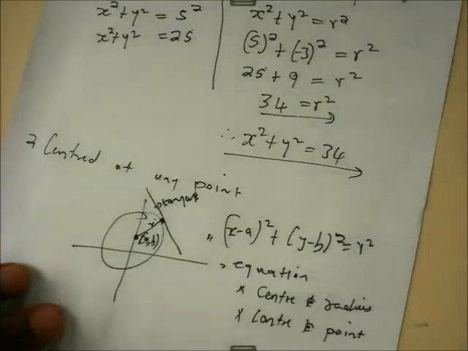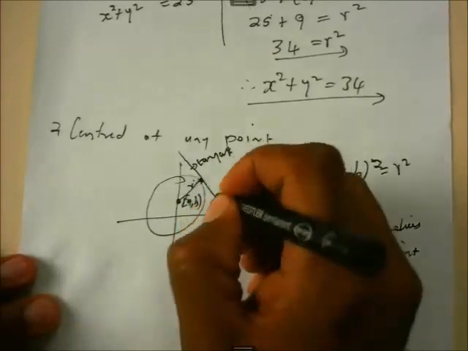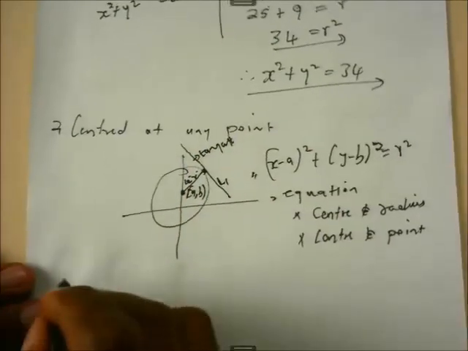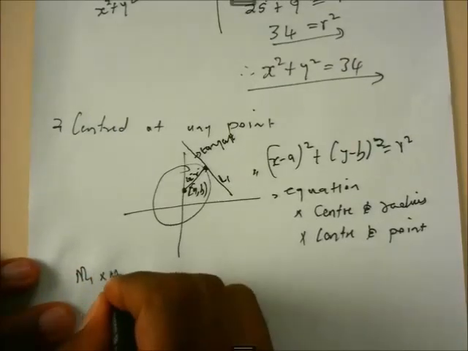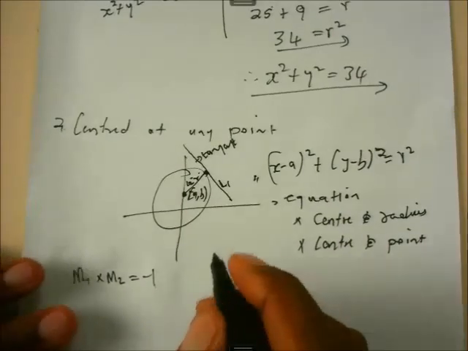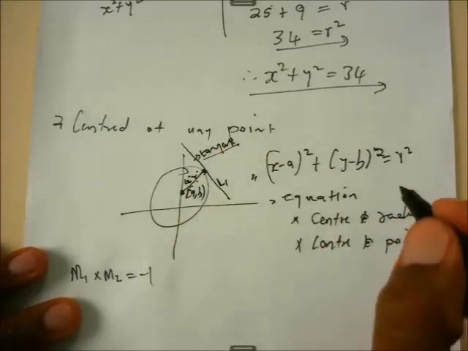Now, how do we determine the equation of the tangent? Of course, we must remember, if we have line 1 here, this will be line 2. Remember, the gradient of line 1 multiplied by the gradient of line 2 is equal to -1. Why are we saying this? We know that the tangent is perpendicular to the radius, right?